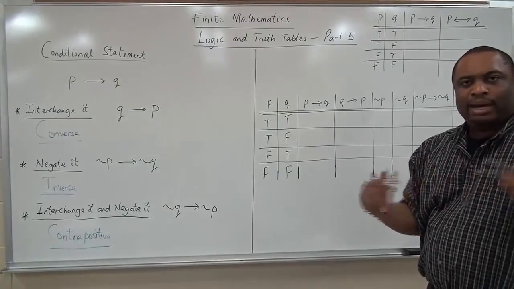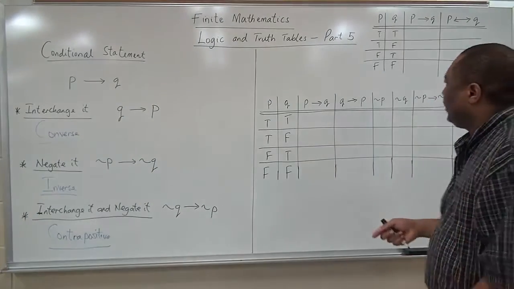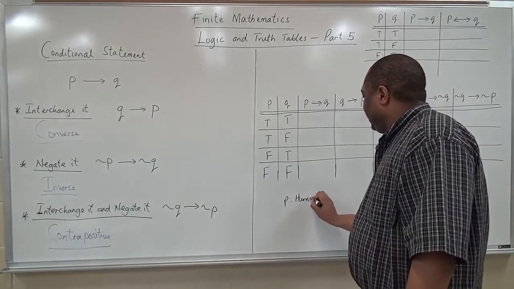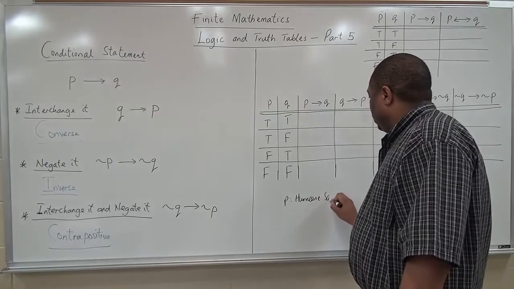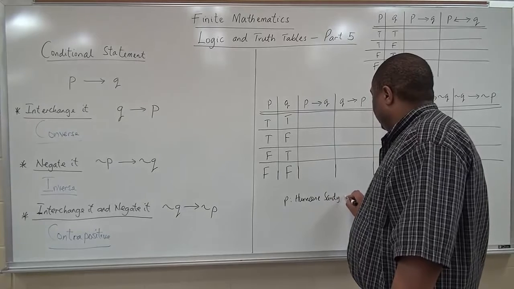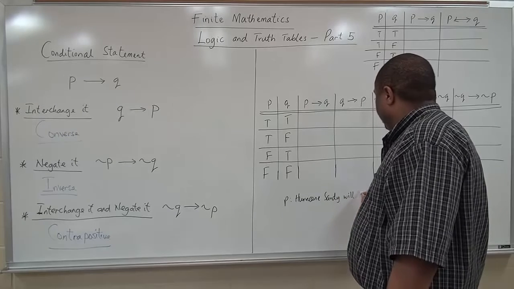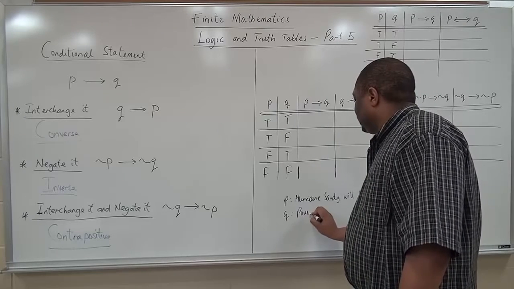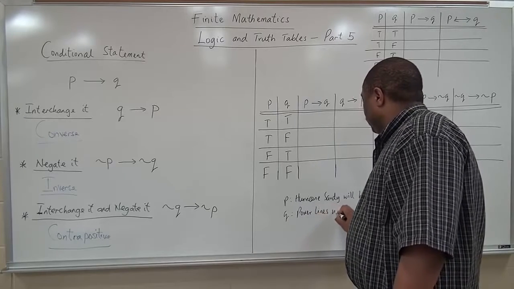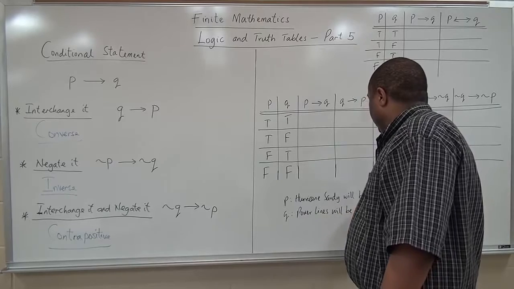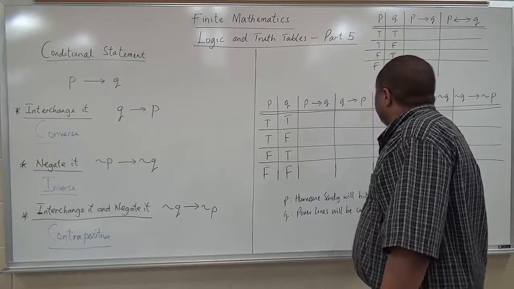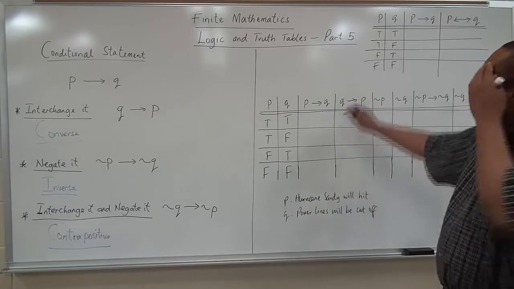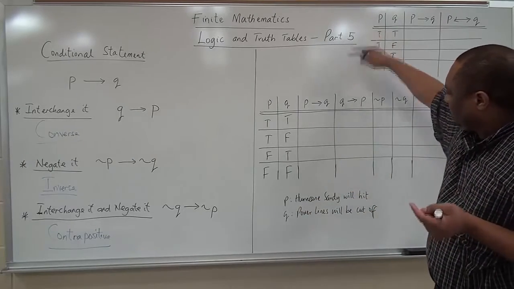Hurricane Sandy and power lines will be cut off, right? We said P is Hurricane Sandy will hit, and Q is power lines will be cut off. So we are looking at the antecedent and the consequent.